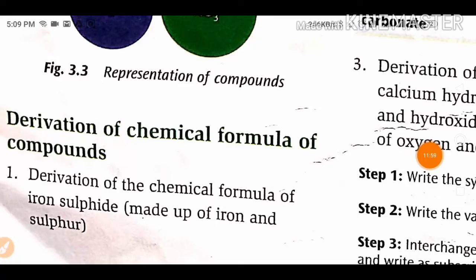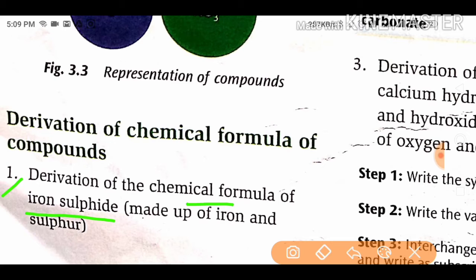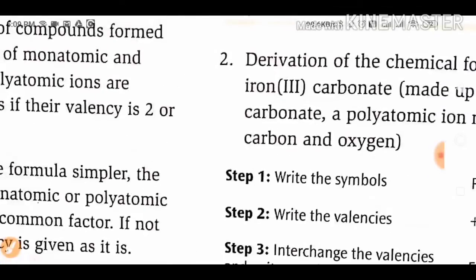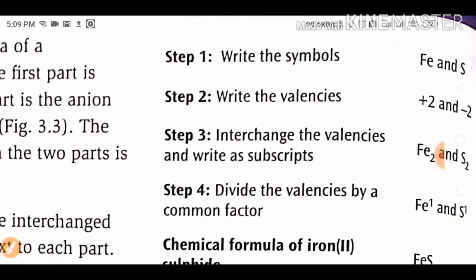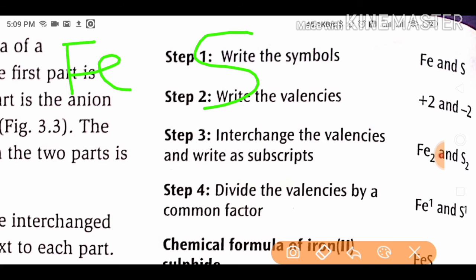Now we understand with the help of examples how we can derive the chemical formula of compounds. In the first example, derivation of the chemical formula of iron sulfide, made up of iron and sulfur. First you have to write the symbols. Iron is written as Fe and sulfide symbol is S. Now we have to write the valencies. It's plus 2, and also plus 2.